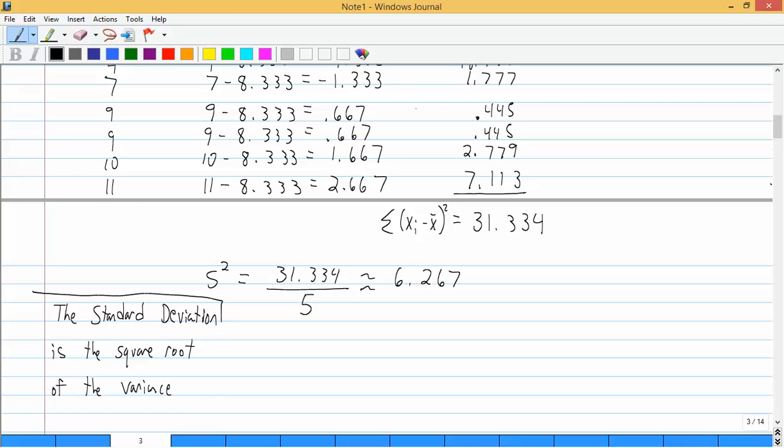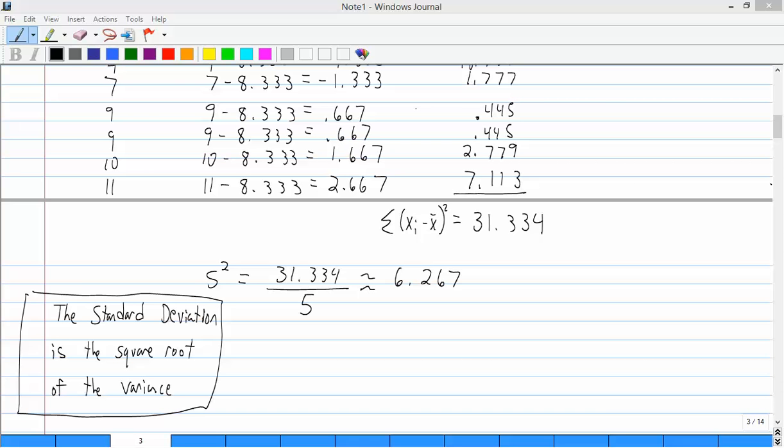Alright, the standard deviation is the square root of the variance. So the formula is the same. The only difference is that you take the square root.